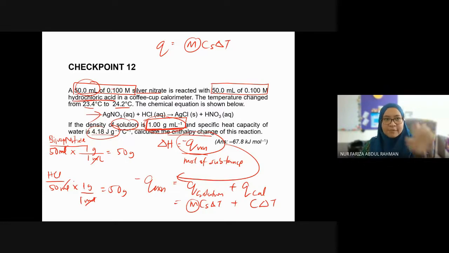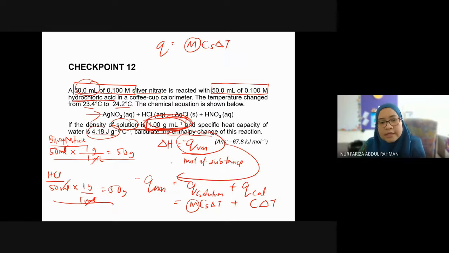But gram plus gram is equal to the total gram. Okay, this is topic 1. Go back and open topic 1. That's why I did it separately there. I did not total 50 plus 50, 100 and then convert into gram, even though the final answer is the same, because it happens to use 1 gram there. If this is not 1 gram, the value will be a bit off.